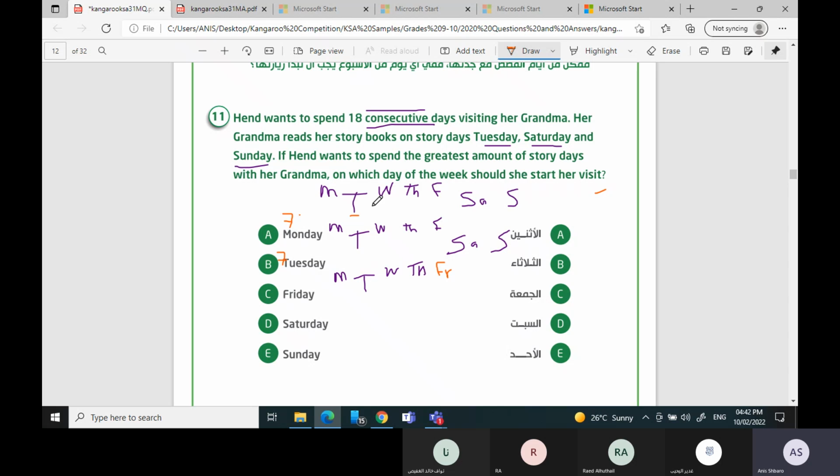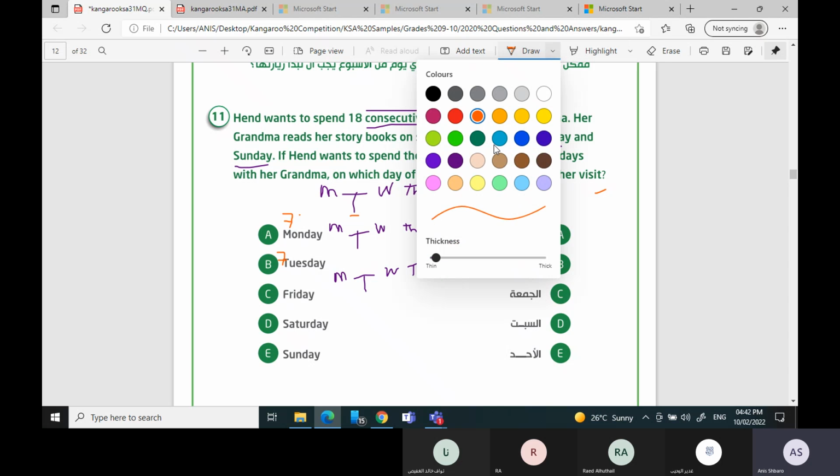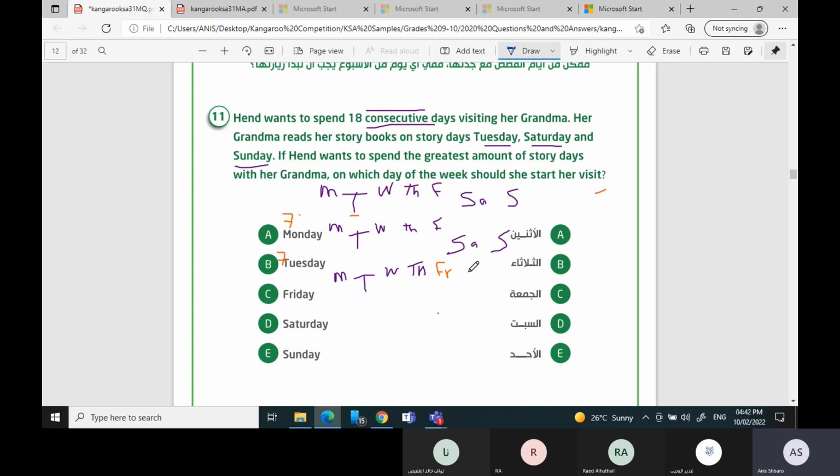Friday, so we have to skip more. 1, 2, and we're going to work on the third one. So let's do it one by one. So if she came on Wednesday, she is going to leave on Saturday. If she came on Thursday, she will leave on Sunday.